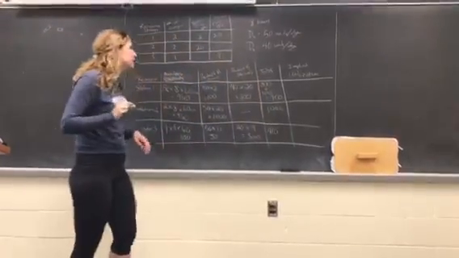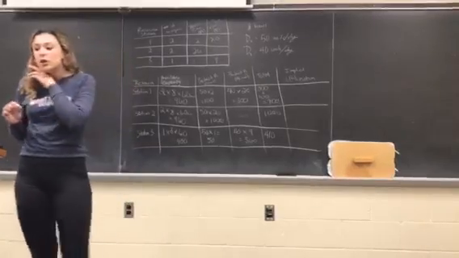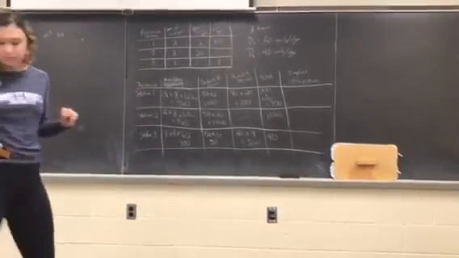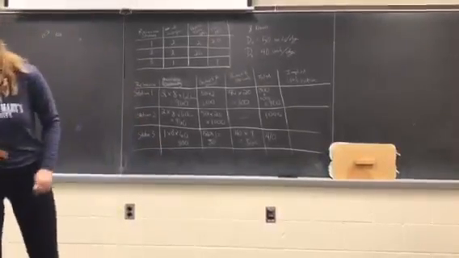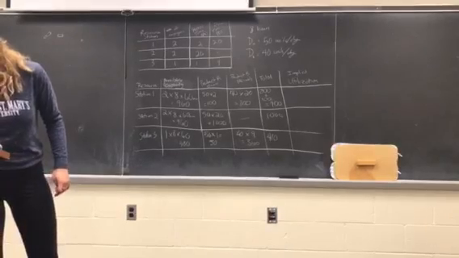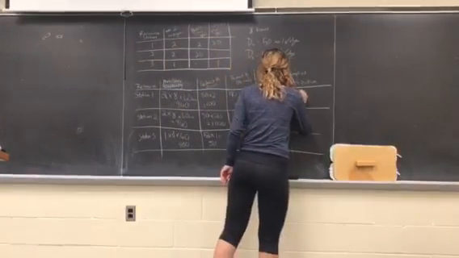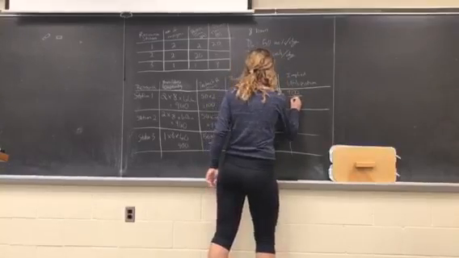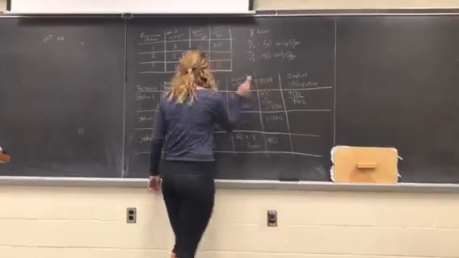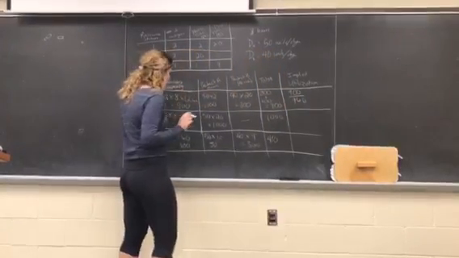Okay, so then to find the implied utilization, you would do 900 divided by 960. So you would take the total and you would divide it by the available capacity.